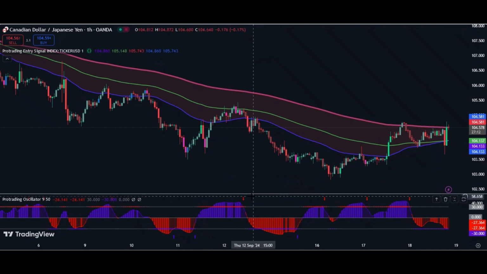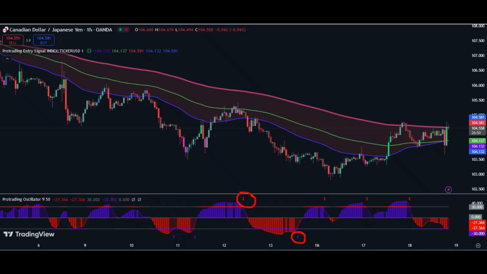On this indicator, you can see here this red arrow pointing down. This is the point where the indicator is giving you a sell signal. And here you have the blue arrow pointing up. This is the point where the indicator is giving you a buy signal.